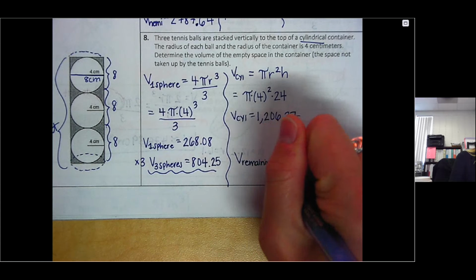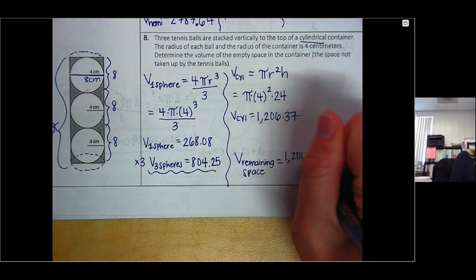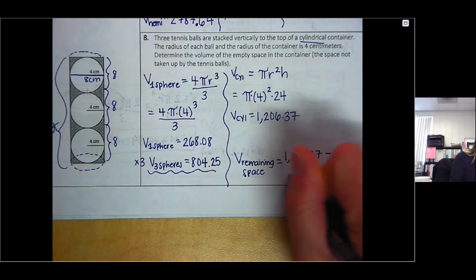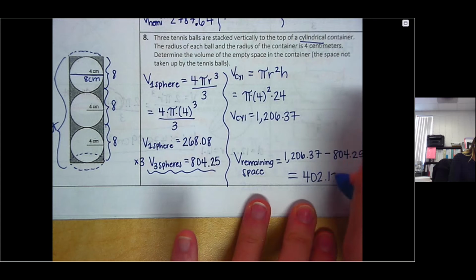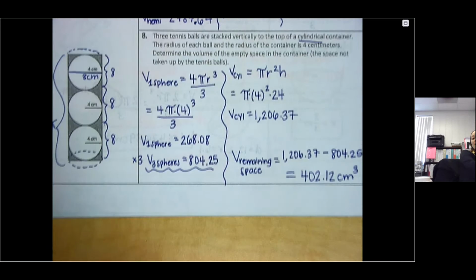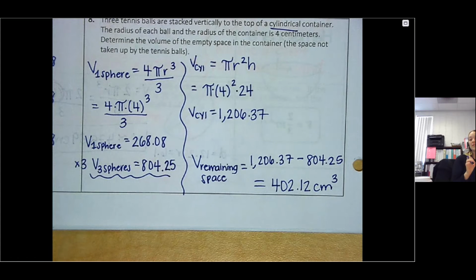So it's 1,206.3. Yes, you're subtracting because you're figuring out the remaining space, the space that's not being taken up by the spheres. So I take my cylinder and I subtract my spheres, and that's the remaining space.